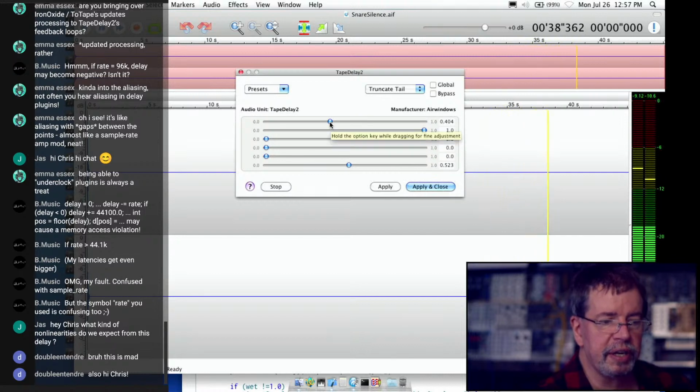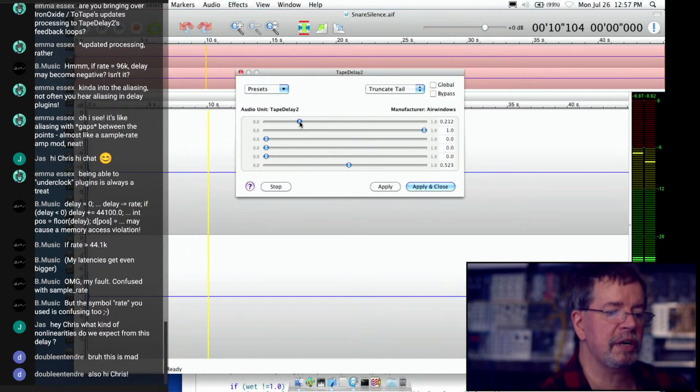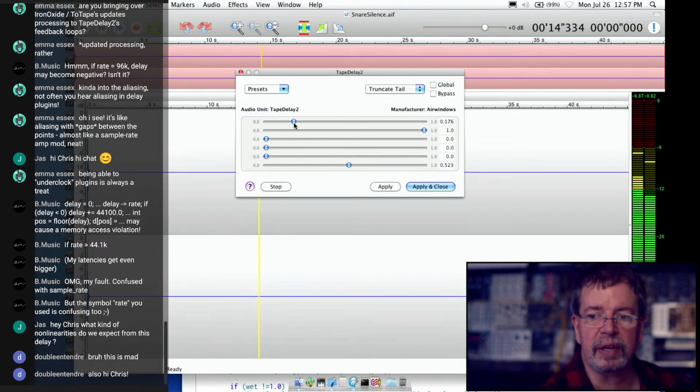I hear something in here that's not right. Let's see what happens when it passes through to the next iteration. Yeah. See, this is what I was talking about. The crackliness here. It shouldn't be this crackly. That's what I was complaining about.